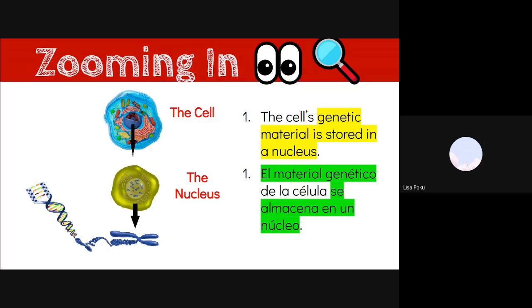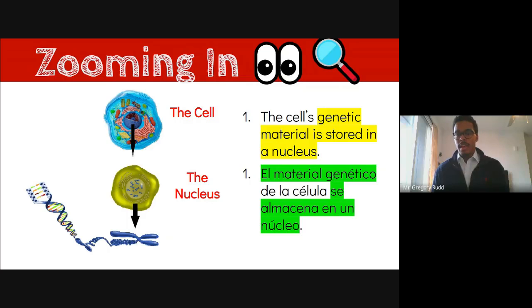Good, thank you, Lisa. And I see we've got Abigail and Jean in the chat answering that question also. Eukaryotic cells have nuclei. And inside of that nucleus is where we find the genetic material. That's where we find the DNA.